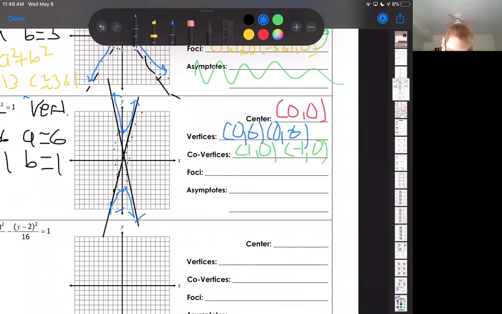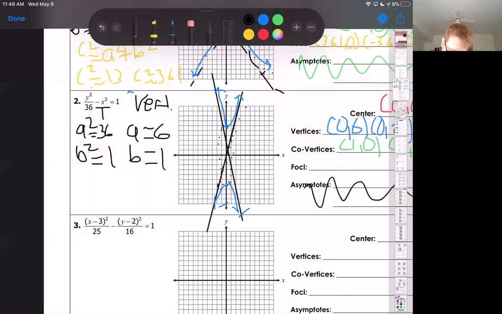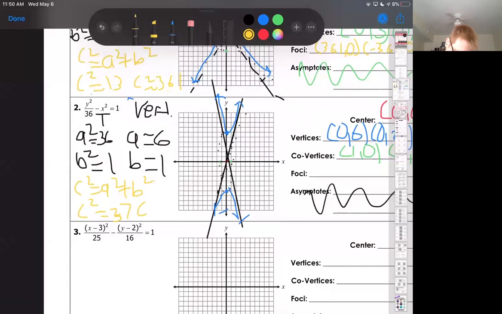Like I said, don't worry about your asymptotes, but to get your focus points, we can just use that formula. So c squared equals a squared plus b squared. So if you add 36 plus 1, that's just 37. And if you square root that, it's approximately 6.08.